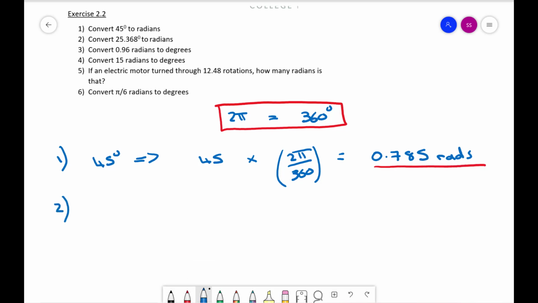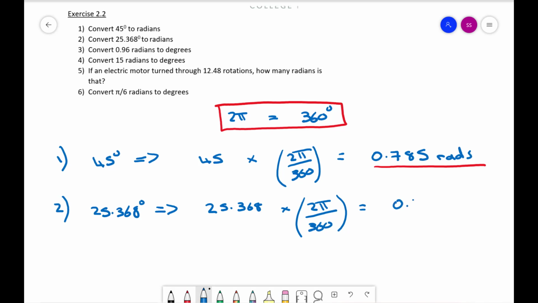Question 2 is the same idea, 25.368 degrees, and we want to convert that one. So that will be 25.368 multiplied by 2 pi over 360. On the calculator again, 2 times pi equals, divide by 360 equals, times 25.368 equals.